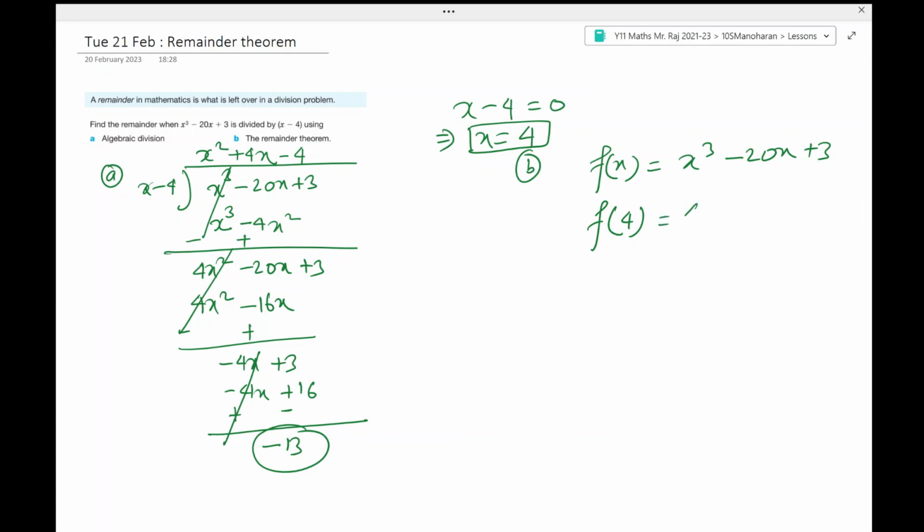That will give me 64 minus 80 plus 3. If you subtract, how much are we getting? Negative 16. Negative 16 plus 3 is negative 13. You can see we have the same answer. Okay, so that's what the remainder theorem is.